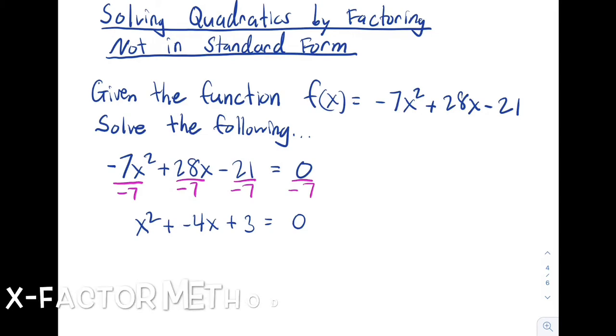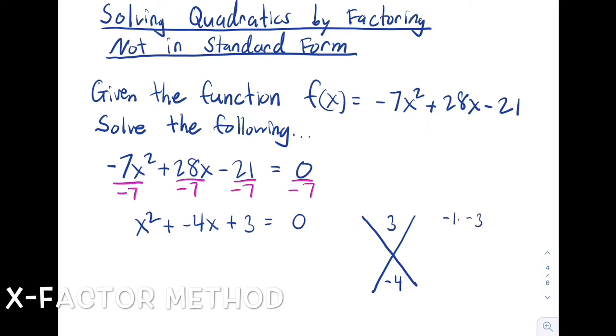And now we can use the x factor method, right? Our c goes on the top, our b goes on the bottom, and you find two factors that multiply to 3 and add to negative 4. So we go through our factors, and we got negative 1, negative 3. That works. All the other ones don't work.